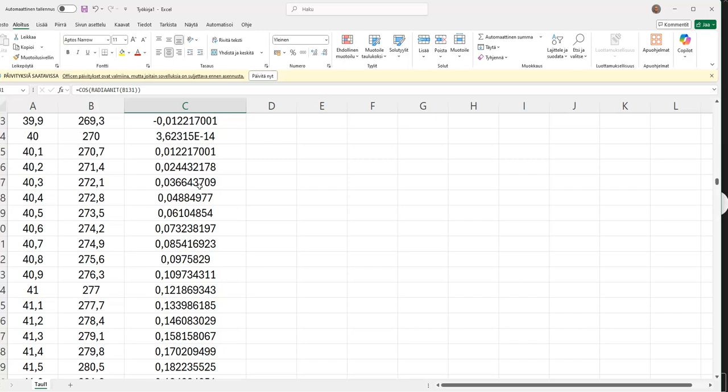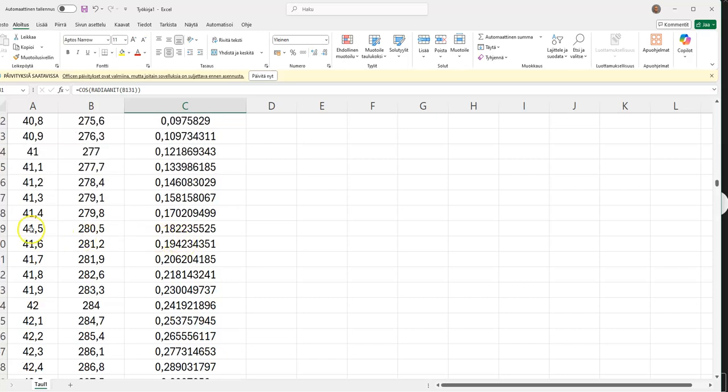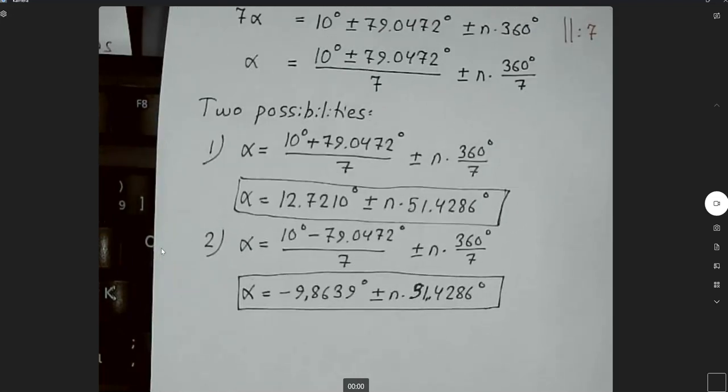Oh, there is minus. Here again we can find the value of that cosine is about 0.19, and the angle alpha is between 41.5 and 41.6 degrees. So it starts with 41.5. And how about our solutions?